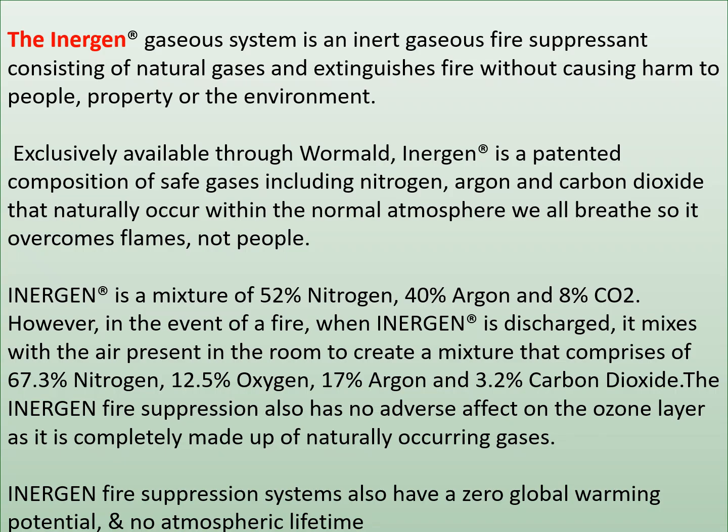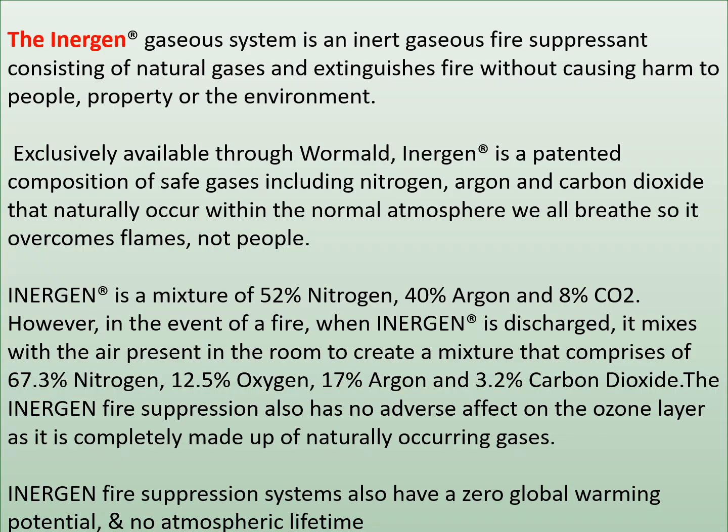It has a composition of safe gases, including nitrogen, argon, and carbon dioxide, that naturally occur within the normal atmosphere we breathe. Inergen is a mixture of 52% of nitrogen, 40% of argon, and 8% of carbon dioxide.